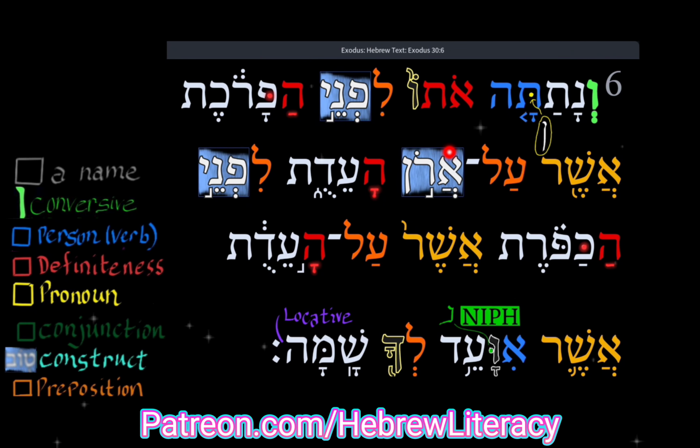Okay, so the ark of the testimonies, we can imply that it has strength. When you have a construct chain like this, the the-ness of the word extends to the word in front of it. So as long as it sounds correct in English or in your language, we say the aron, the ark of the edut, testimonies. Okay.